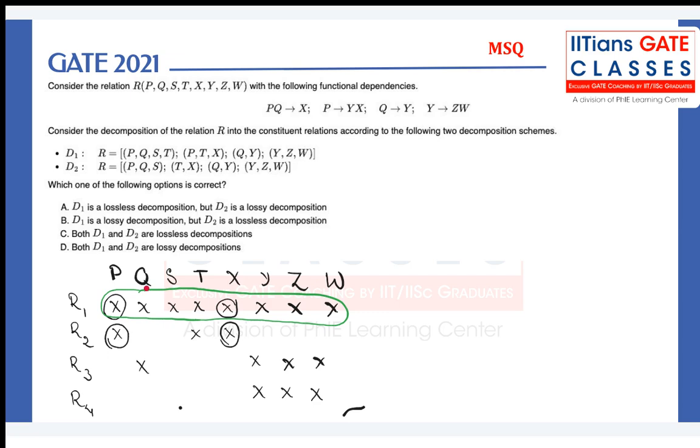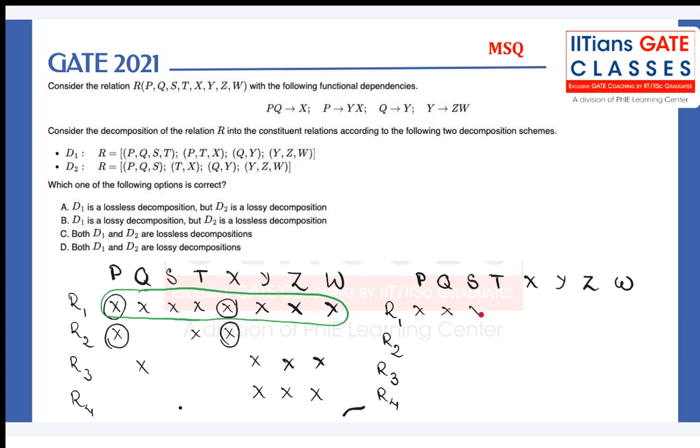Very good. Now let's check for D2. D2 has attributes P, Q, S, T, X, Y, Z, W, and it has been broken down into four relations: R1, R2, R3, R4. R1 is PQS, so you'll mark PQS.